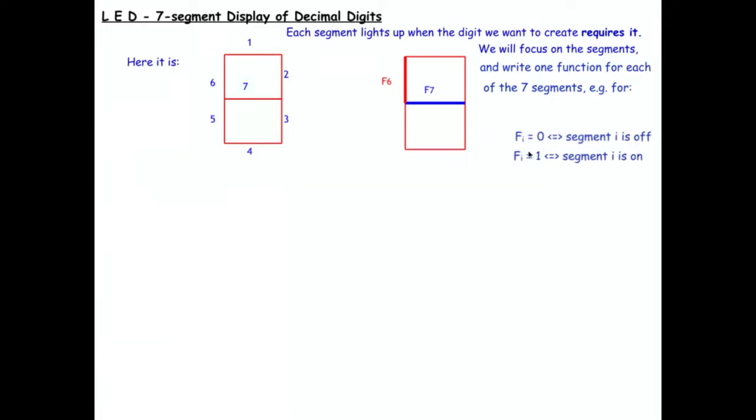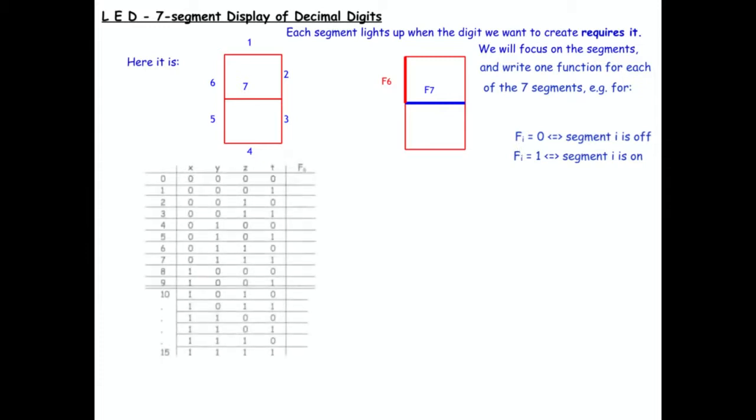For any function, the segment could be either off with a 0 or on with a 1. And here we have a table of our decimal digits, 0 through 9, and the inputs that will represent them.